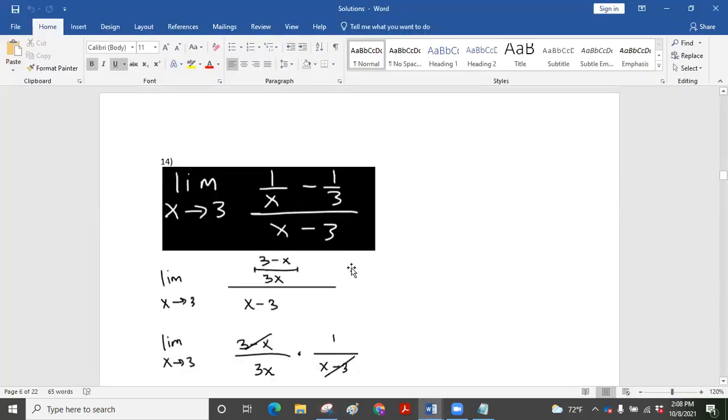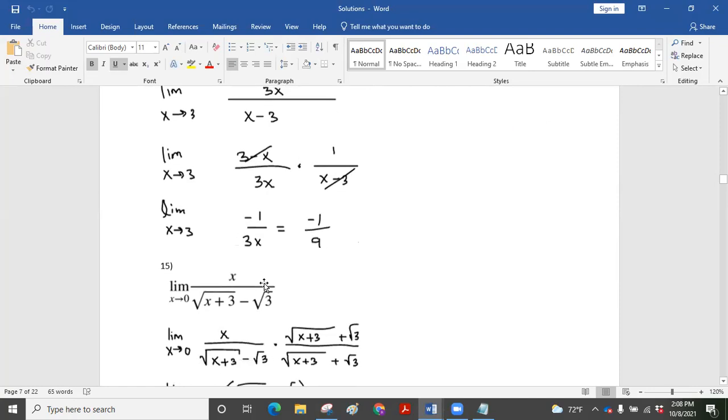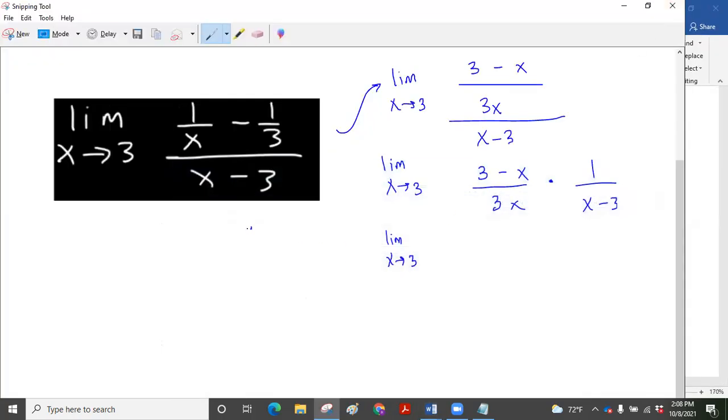And the rule is that once you're in this position of 3 minus x, x minus 3, if it's a minus b, and then on the other hand, you have b minus a, you can cancel them out and leave behind a negative 1. So that's the idea. You can cross these out and leave behind a negative 1. So if you have a minus b multiplied by 1 over b minus a, you can cross these out, but you'll have to leave behind a negative 1.